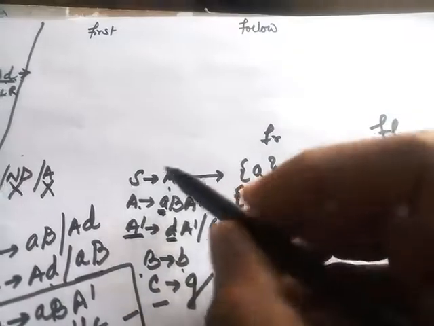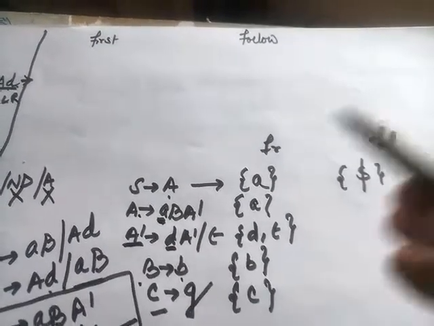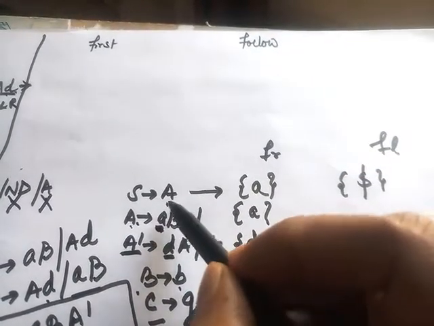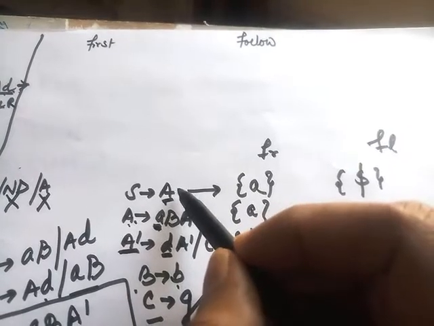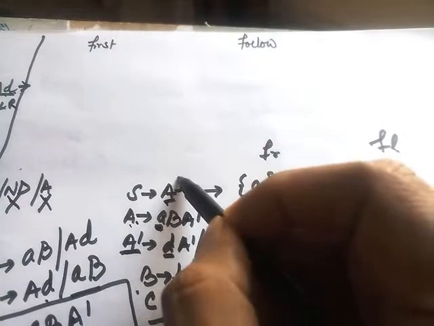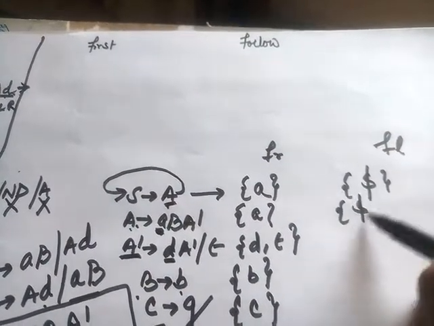Now we have to find out follow. What is the follow of S? It always gives dollar, so this is dollar. What is follow of A? As you can see, A is over here. What comes after A? Nothing. So if there is nothing after A, follow of A is follow of S, so it will be dollar.